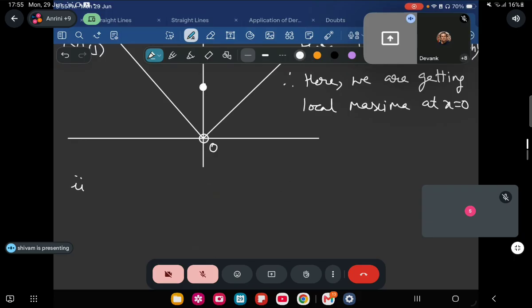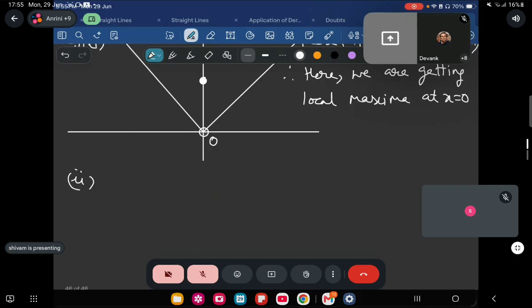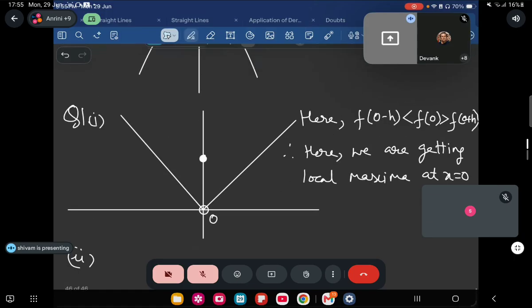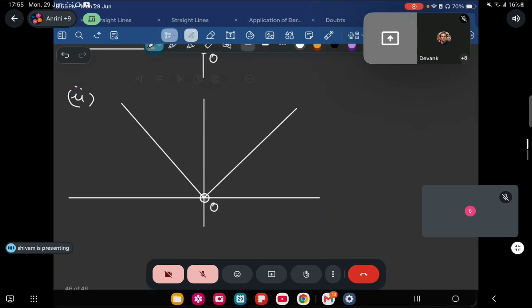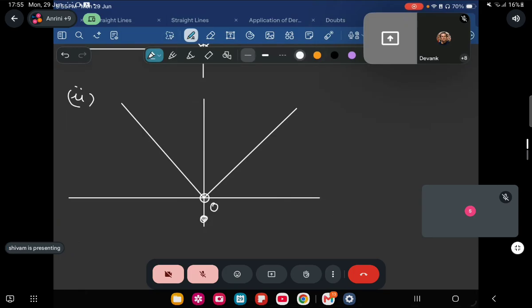Devatri, Memel, Ritam, Devang, are you getting it? Yes, sir. Next, number 2. I'll post another graph. You people have to tell me, local maxima or local minima?